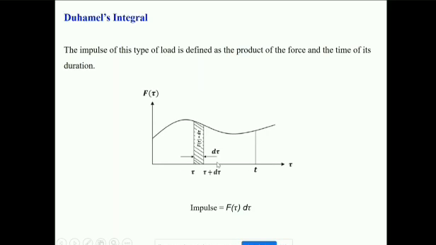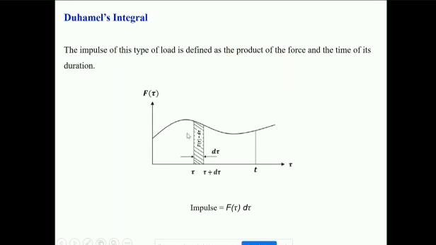We will keep on adding to it, and tau is the current variable which varies from 0 to t. Each strip, at this time t, will have some effect because it will create a change in momentum, and since mass cannot change, it will create a change in velocity, and because of the change in velocity there should be a response at time t.